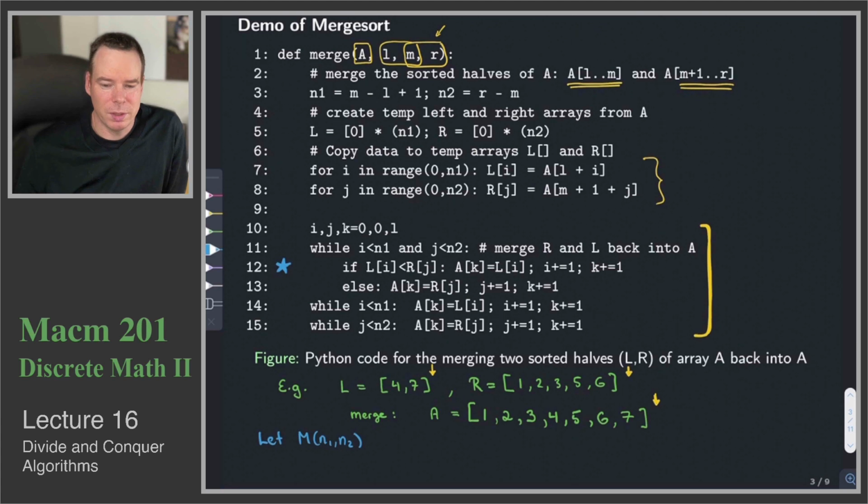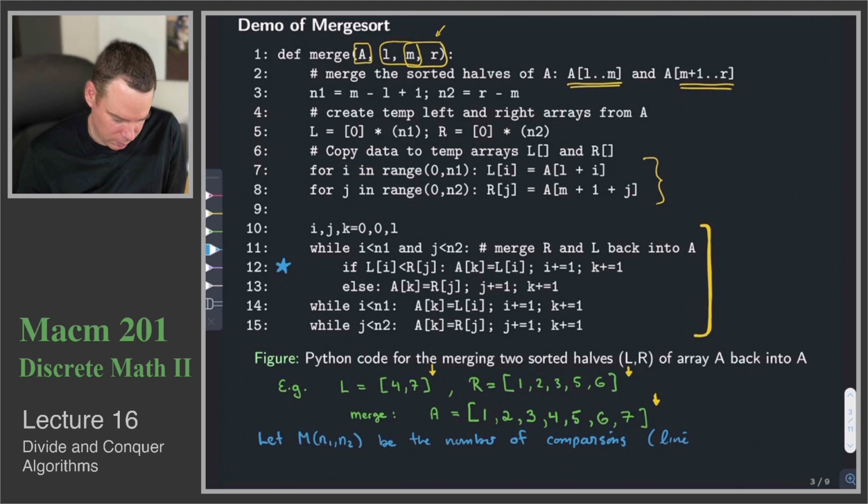So this is, what is the cost of merging a sorted array of length N1 with a sorted array of length N2. So be the number of operations, and in this case our operations are comparisons.